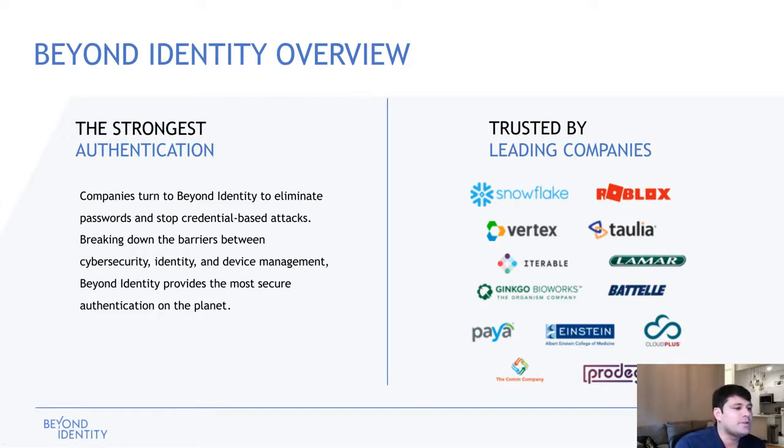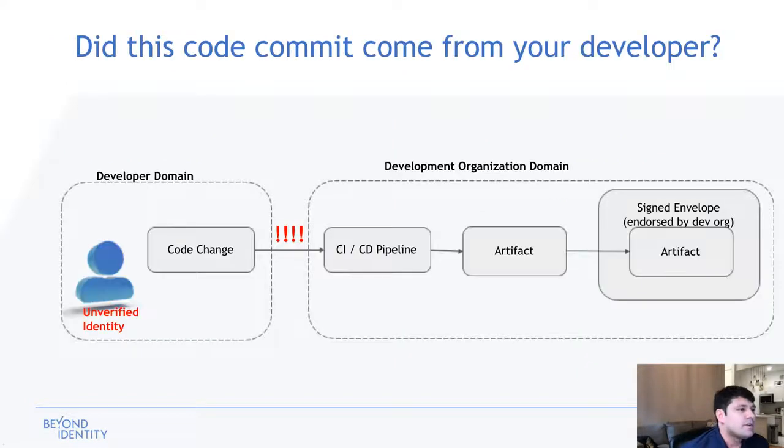Now I'll go into the problem we are solving here today. So the problem is, how do you know that a code change came from one of your corporate developers? Let me provide a brief overview of the developer workflow today. The developer makes a code change.